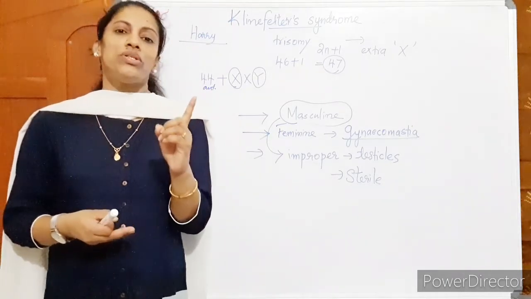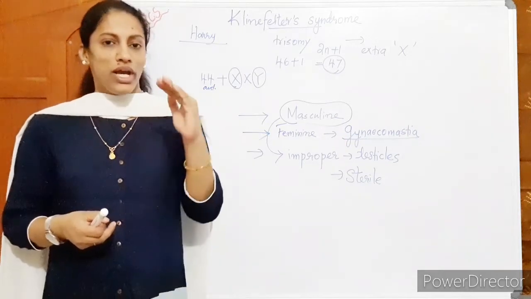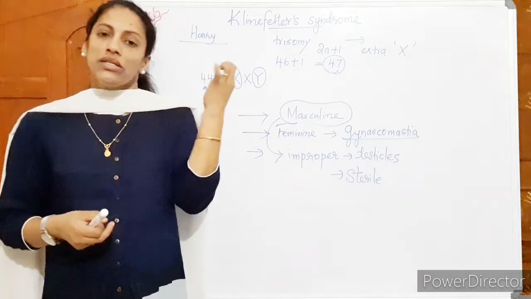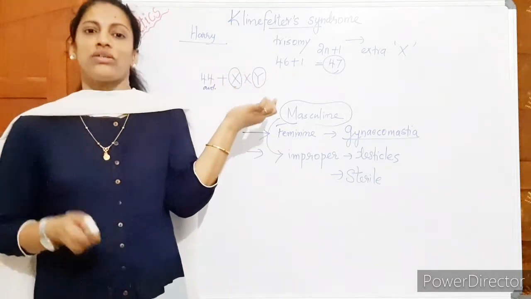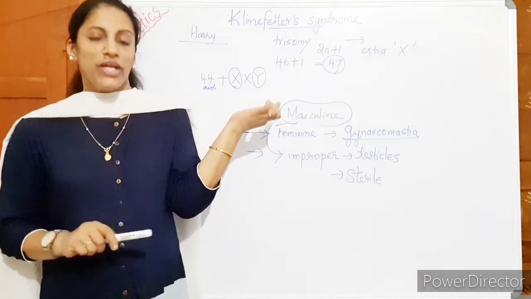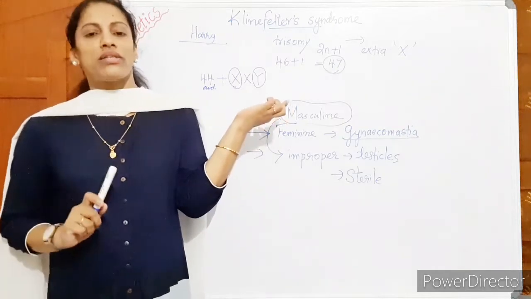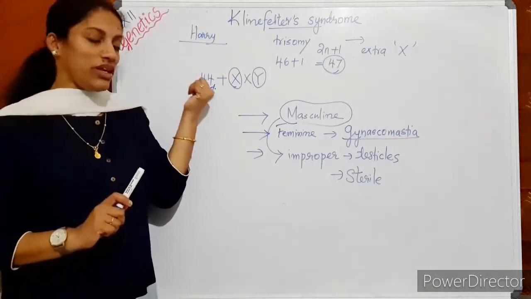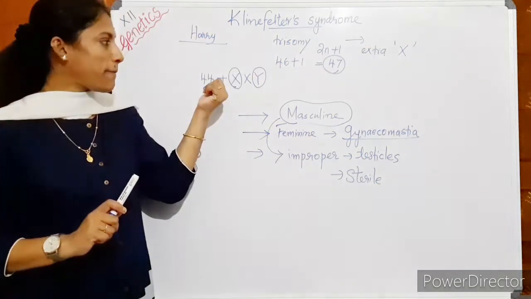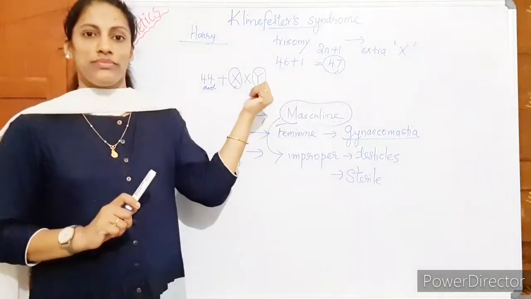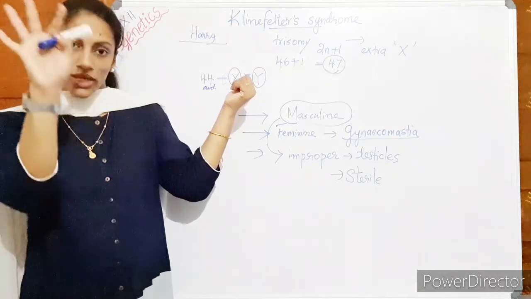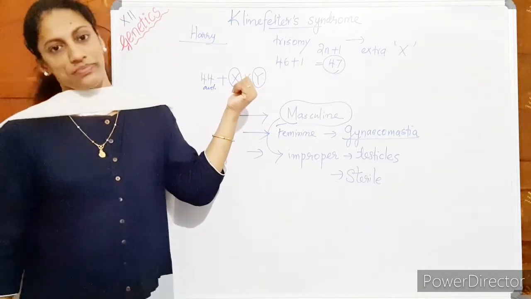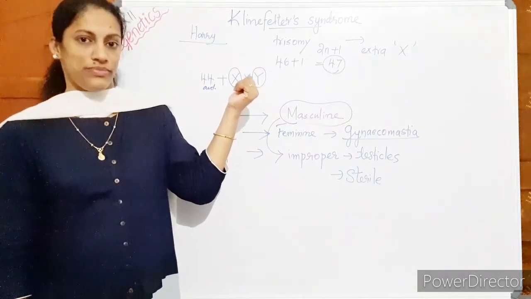One X chromosome is extra normally. There are other cases with two X chromosomes too. Anyway, here we discuss the case of a male Klinefelter in which there is an extra X chromosome. So his karyotype will show 44 autosomes plus XXY. In the karyotyping, we can see an extra X chromosome in a male Klinefelter.